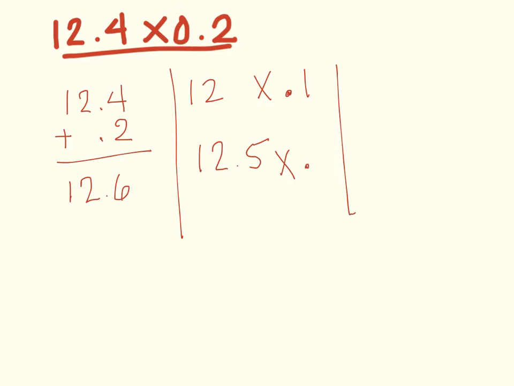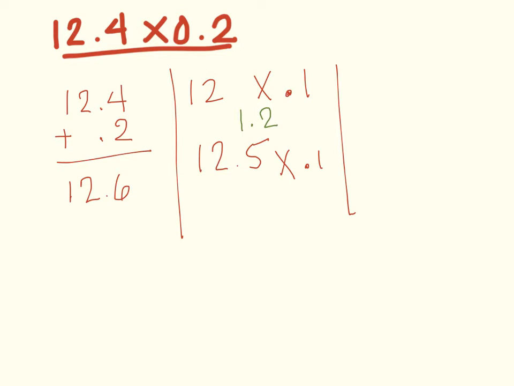Something magical about 0.1. Anytime I multiply by 0.1, all I do is move a decimal. So in the first scenario here, 12 times 0.1 is I'm just going to move my decimal so that my answer is 1.2.